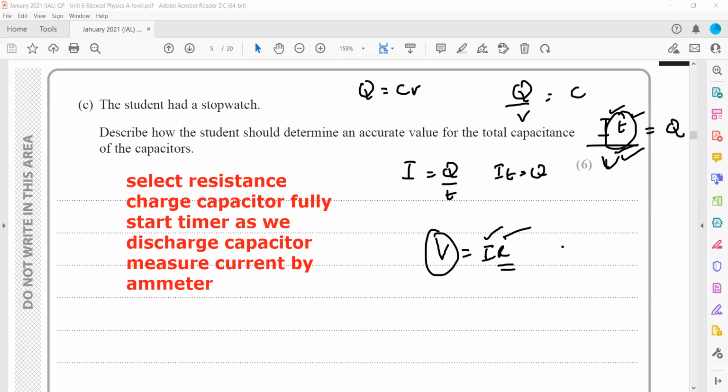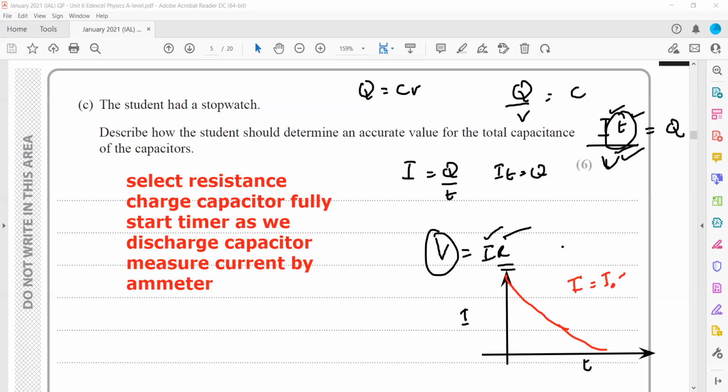There's also another way: we can plot a graph of the current on the y-axis and time on the x-axis. The discharging is always exponential, maximum in the beginning, and then it decreases. So we'll use the formula I equals I naught e raised to the power minus t over RC.